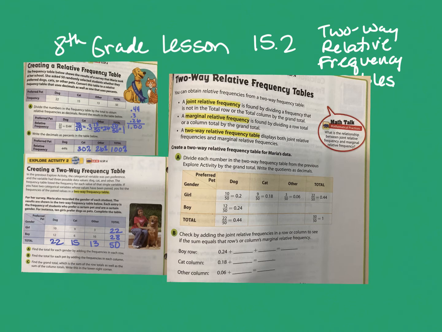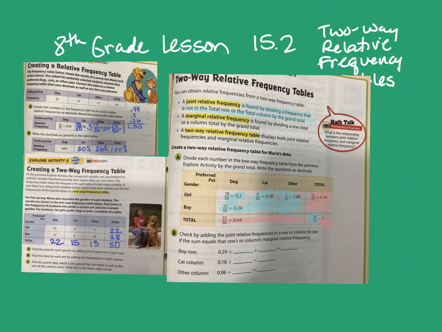So I'm just going to put some highlights to help us out. If any of these are divided by the grand total, then you've got your joint relative frequency. If any of these are divided by the total, then you have a marginal relative frequency.